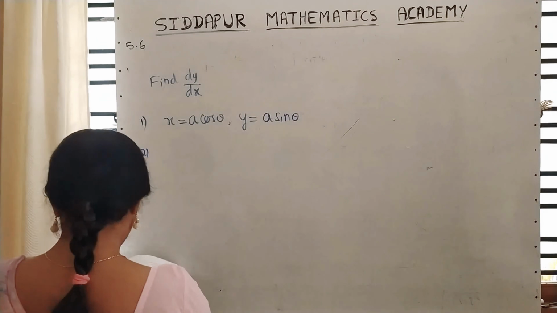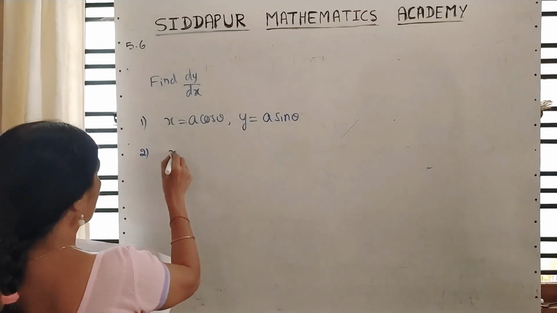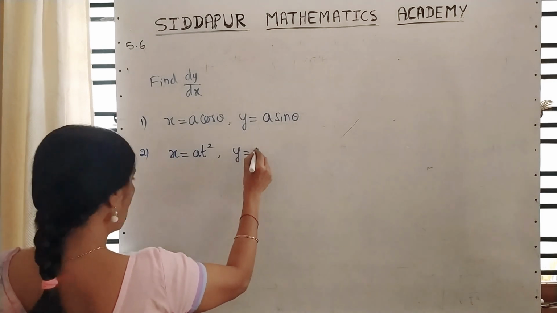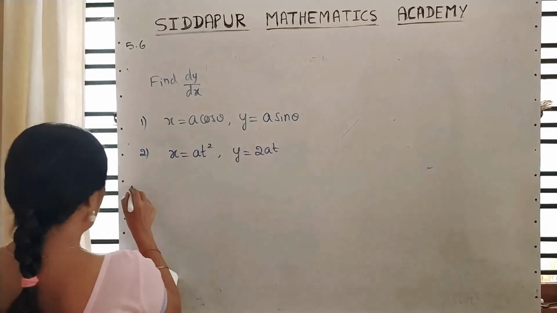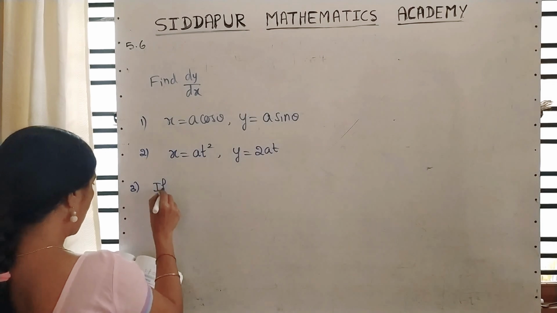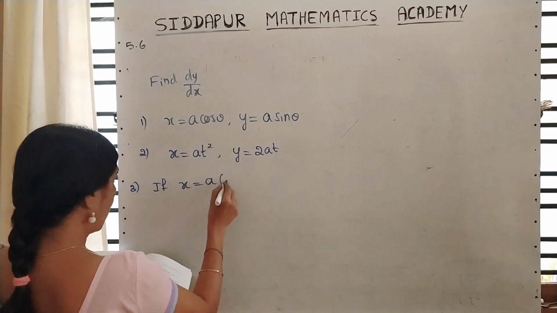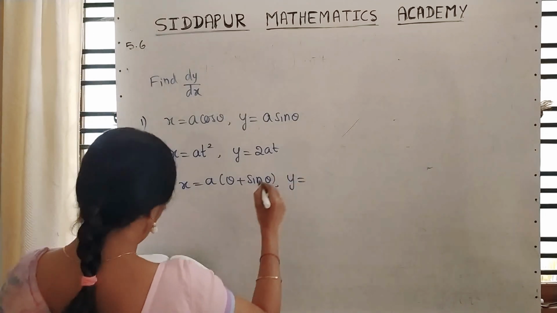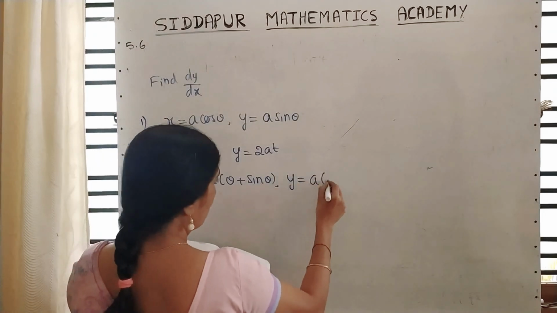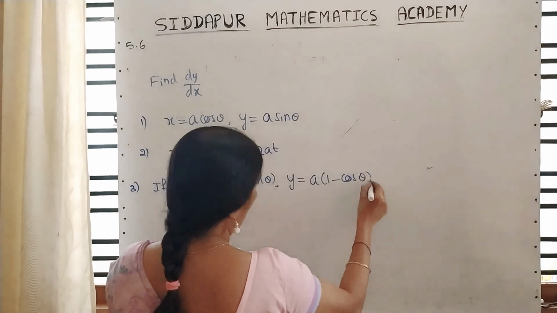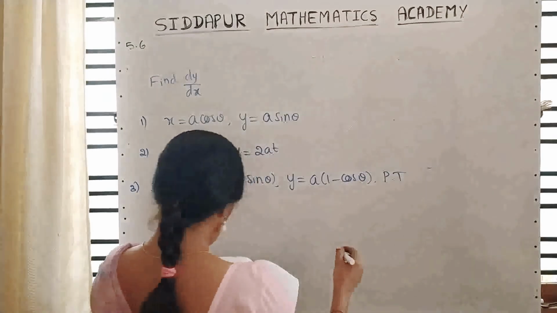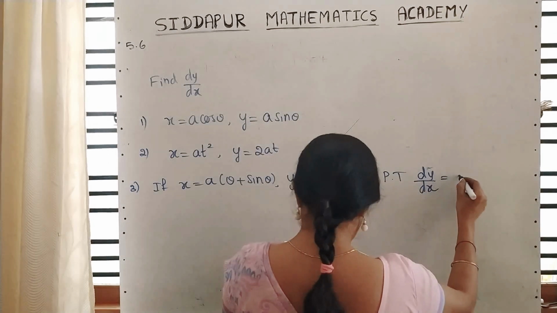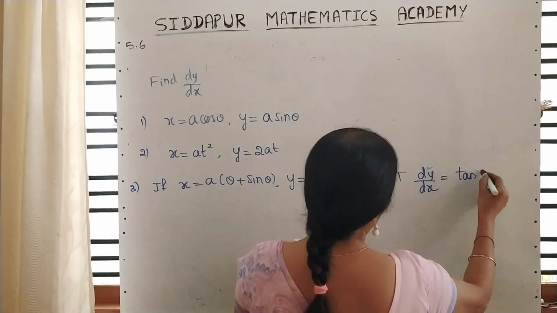Second one, x is equal to a t square, y is equal to 2at. Third one, if x is equal to a in the bracket theta plus sin theta, y is equal to a in the bracket 1 minus cos theta, prove that dy/dx is equal to tan theta by 2.